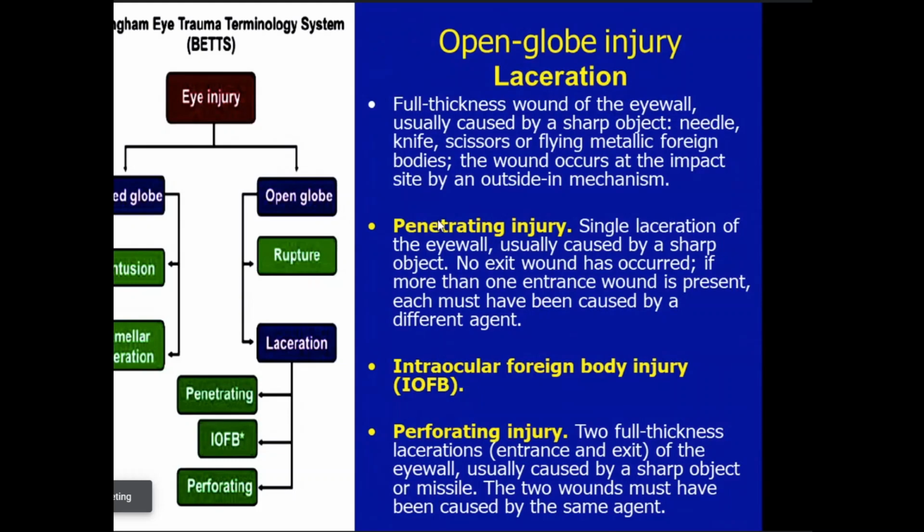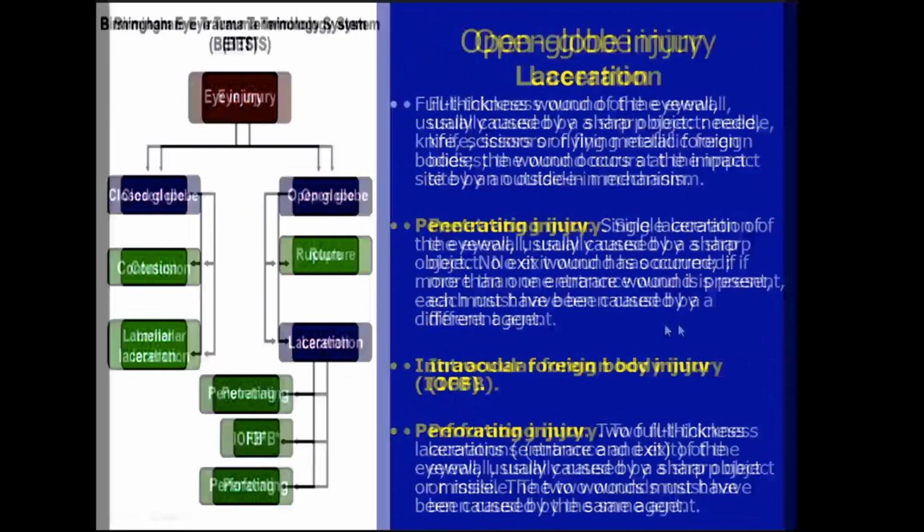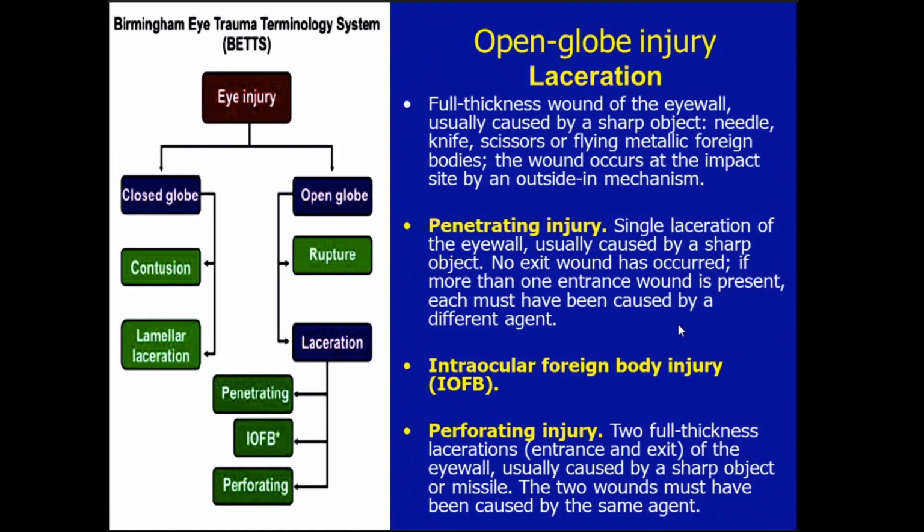As I have already mentioned, all lacerations we can divide into penetrating injury, intraocular foreign body, and perforating injury. As for penetrating injury, we see a single laceration of the eye wall, and no exit wound has occurred. So just one wound.